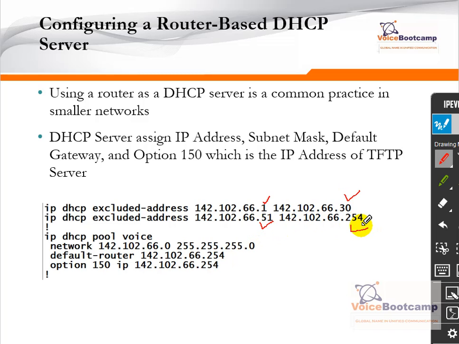So what is available for the IP phone is from 31 to 50. For that, I will just create ip dhcp pool voice, followed by the IP address of the subnet, and then of course the default gateway and option 150. This is the IP address of the router itself.